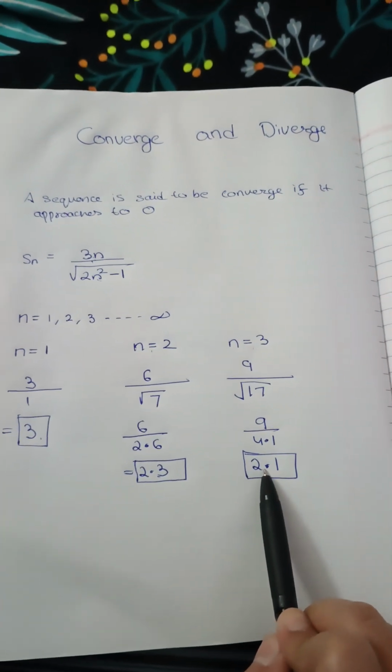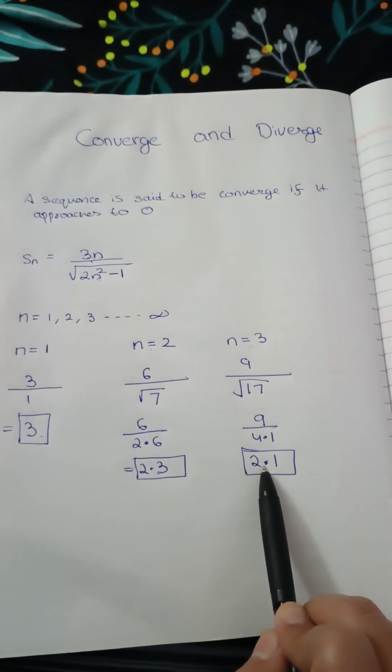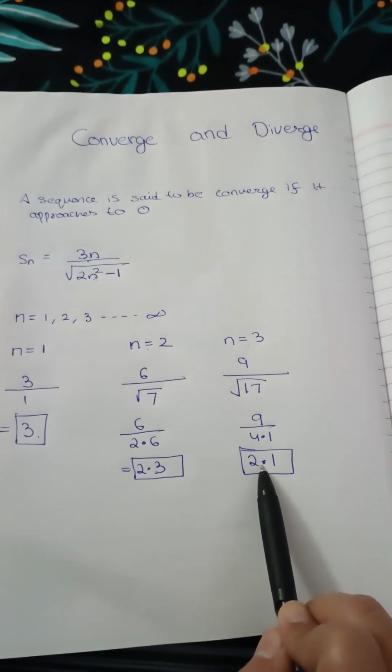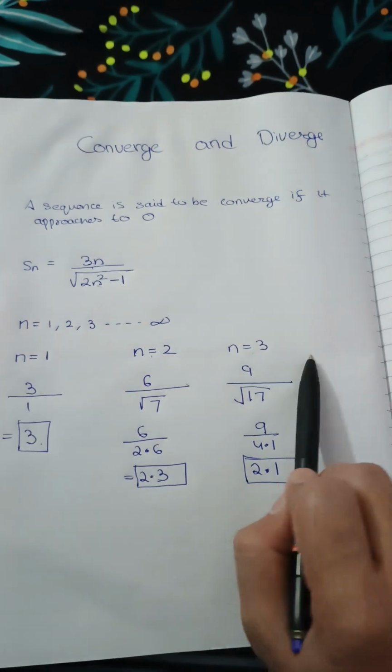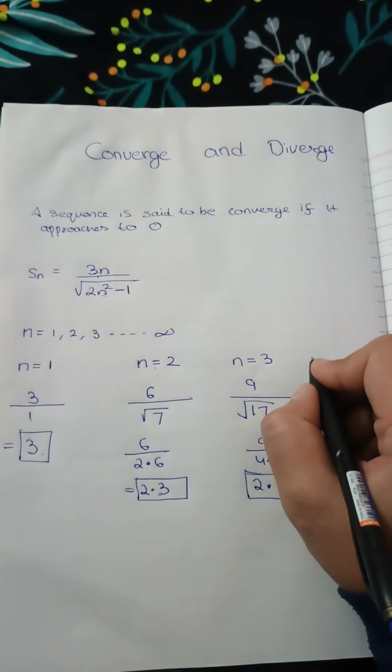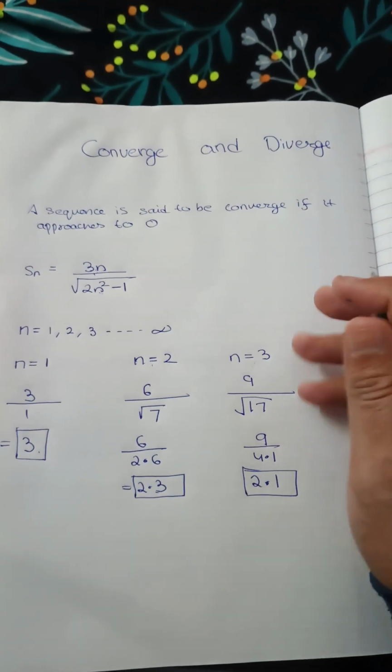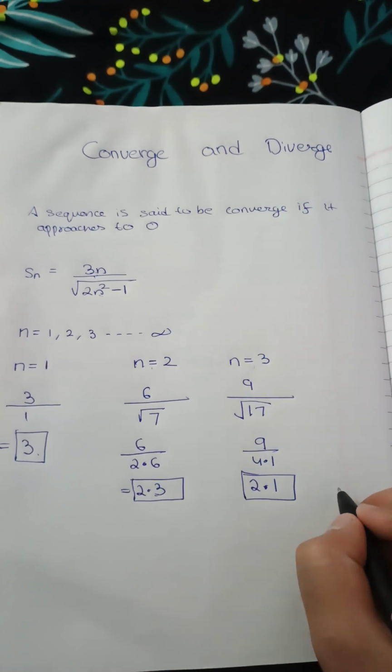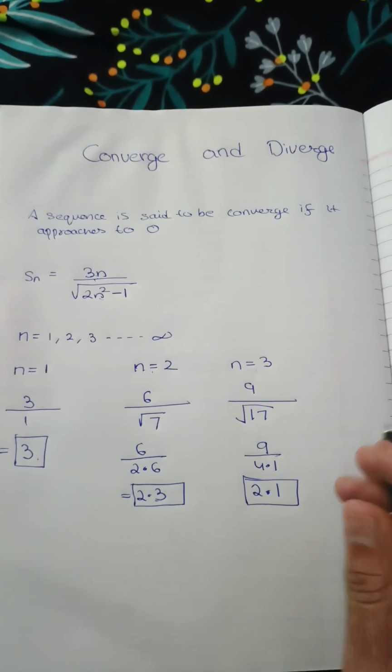So here we can say that this sequence converges as it approaches 0. For example, for some value of n, this equation will be close to 0.1, 0.01 or something.